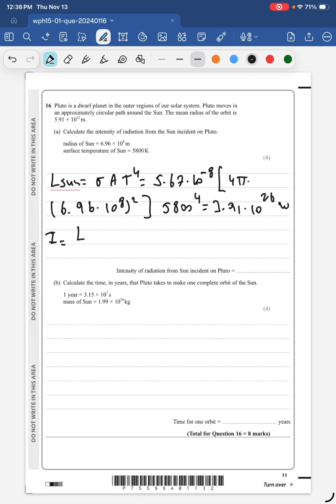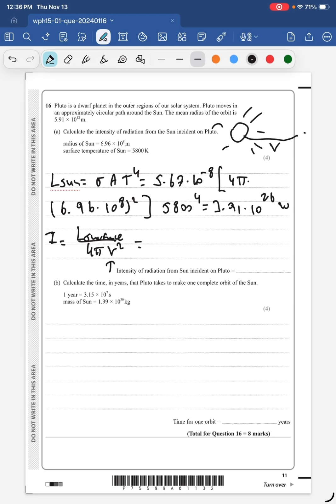Let's see. We need to use the radiation law. So L of the Sun over 4 pi r squared, where r is the distance, the radius of the orbit of Pluto. So if this is the Sun and Pluto is over here, we need to use this radius.